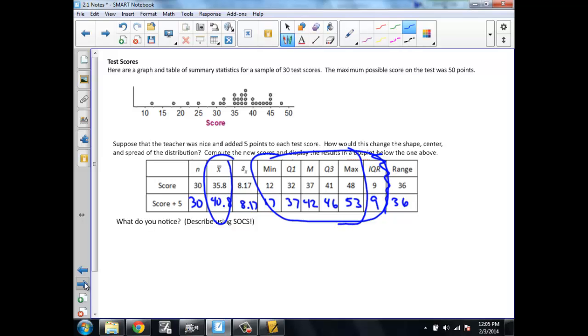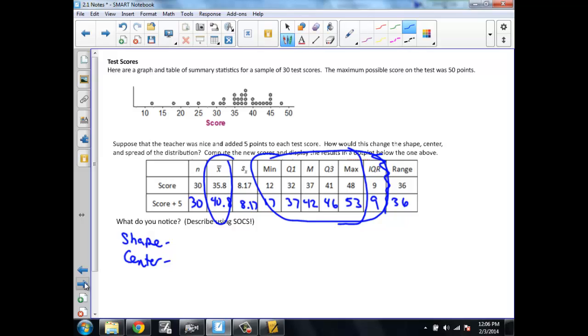So what do you notice? Tell me about the shape. Does the shape change? No, if you take the data and you just slide it, the shape does not change. So you can make a note of that. How about the center? What happens to the center? It increases by 5. What happens to the spread? The spread stays the same.